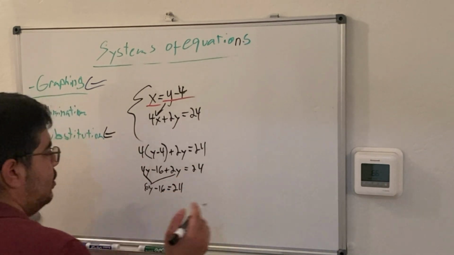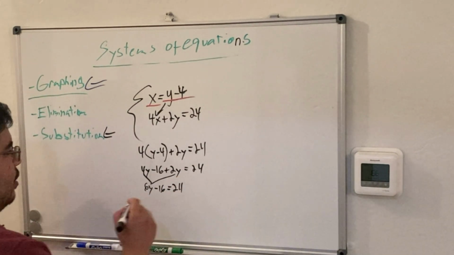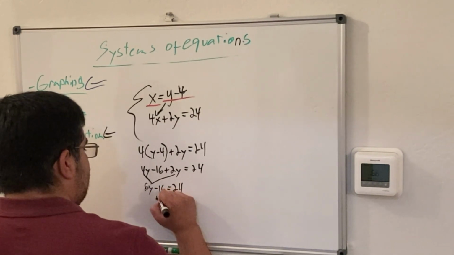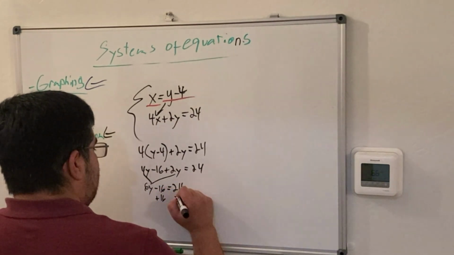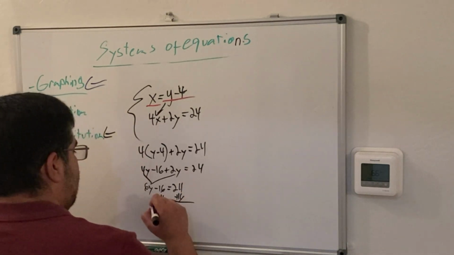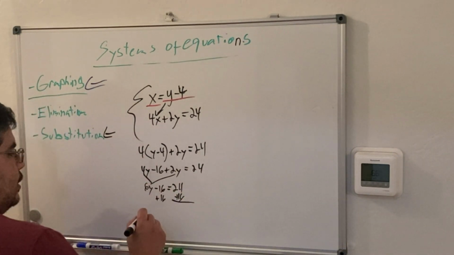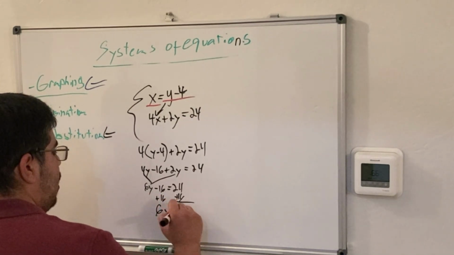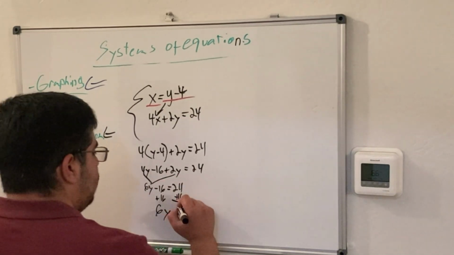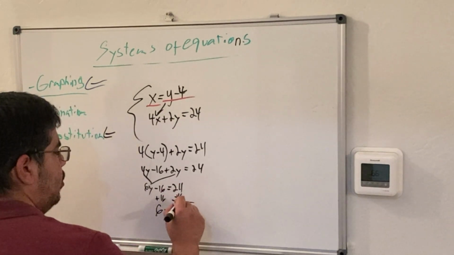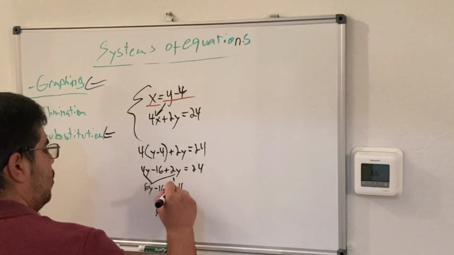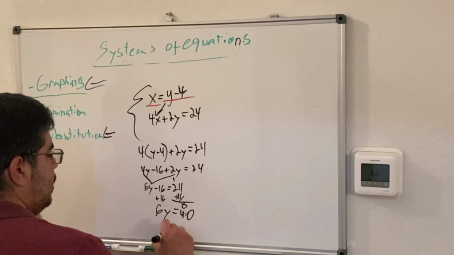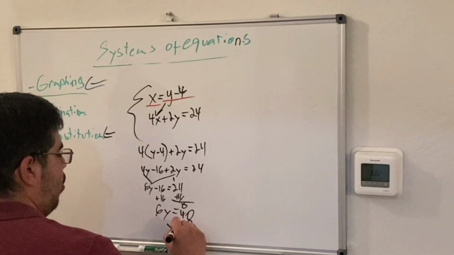So we add 16 to both sides. Negative 16 plus 16 is 0. So we get 6y equals 40. So then y is equal to 40 over 6.